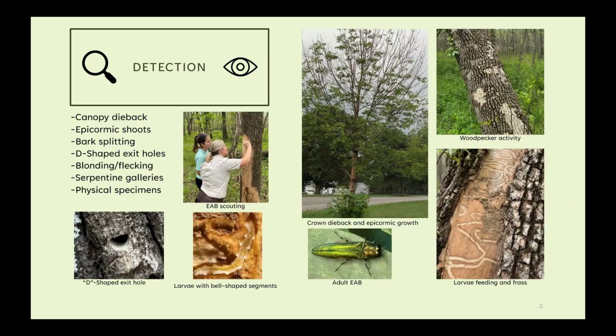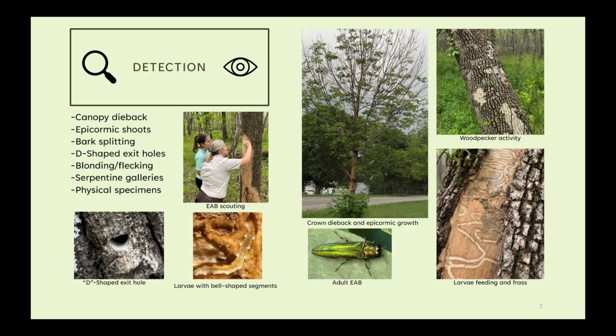In addition to the utilization of trap trees, we also look for other signs and symptoms of EAB. Some of these identifiers would include canopy dieback. And so you can see an image of an ash tree with the foliage greatly reduced in the canopy, indicative of some sort of decline within the tree as the insect activity moves from top to bottom.